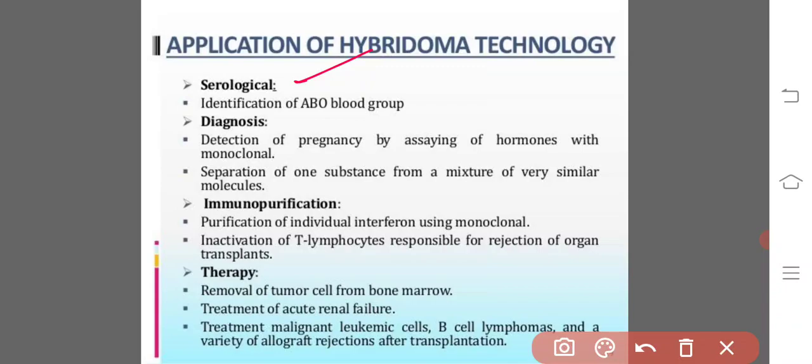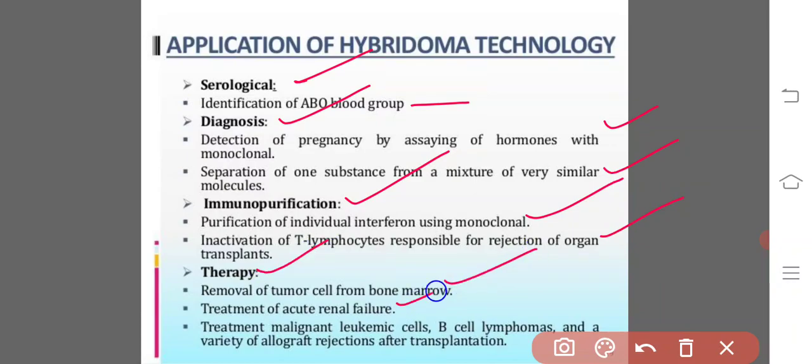And certain applications of hybridoma technology: serological applications, identification of ABO blood group; diagnostic applications, detection of pregnancy by assaying hormones with monoclonal antibodies; separation of one substance from a mixture of very similar molecules; and coming to immunopurification, purification of individual interferons using monoclonal antibodies; inactivation of T lymphocytes responsible for rejection of organ transplants; and therapeutic applications, removal of tumor cells from bone marrow, treatment of acute renal failure, treatment of malignant leukemic cells, B-cell lymphomas, and a variety of allograft rejections after transplantation.